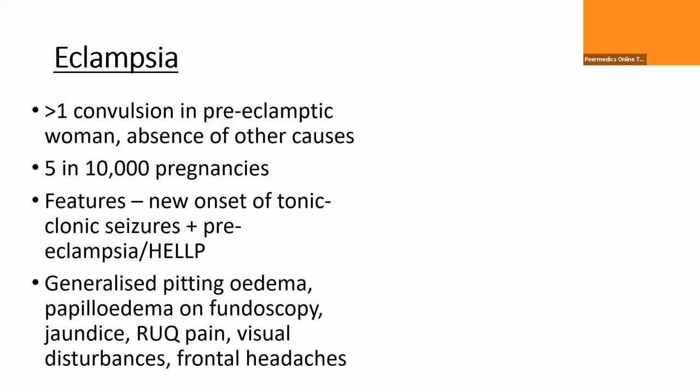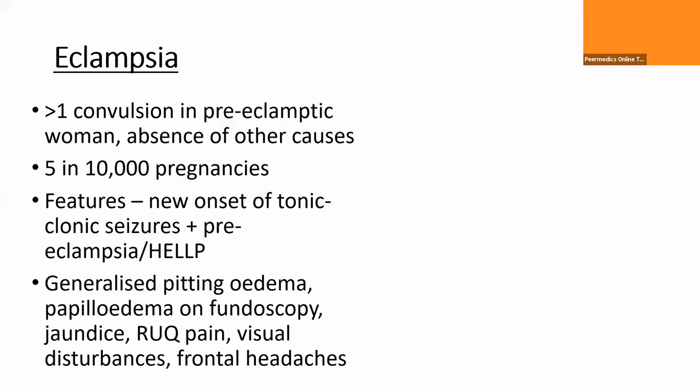Generally, the features we see are a new onset tonic-clonic seizure, which is the classical eclamptic seizure, and other features of preeclampsia, such as frontal headaches, hyperreflexia, nausea and vomiting, generalized edema, right upper quadrant pain, visual disturbances like flashing lights, blurred or double vision, and changes in mental state.